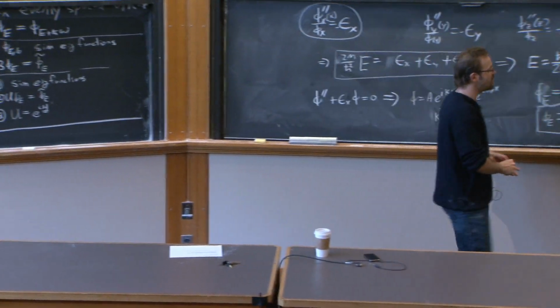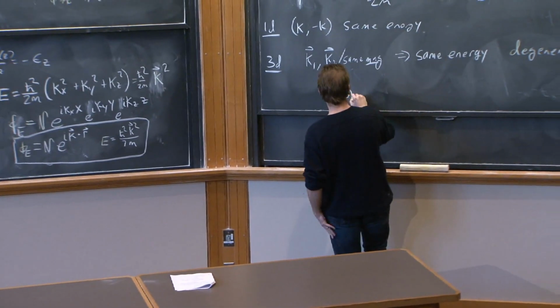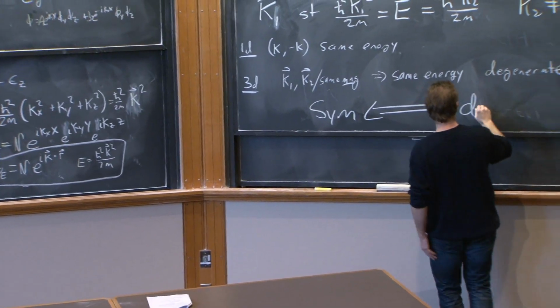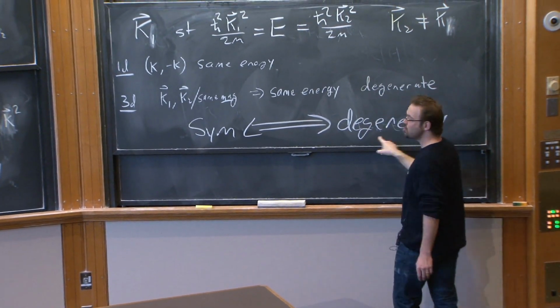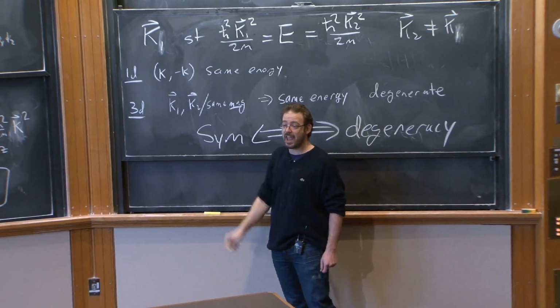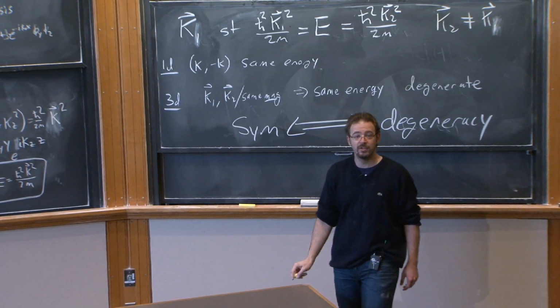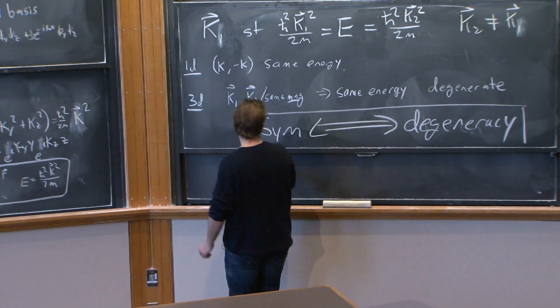And this is a really lovely example, both in 1D and in 3D, that when you have a symmetry, you get degeneracies. And when you have a degeneracy, you should be very suspicious that there's a symmetry lurking around, ensuring it. OK? And this is an important general lesson that goes way beyond the specifics of the free particle.